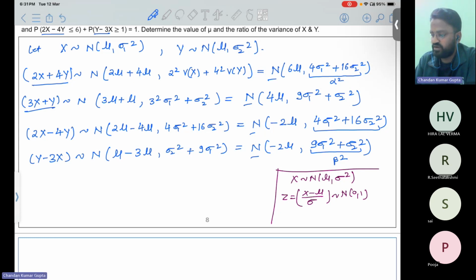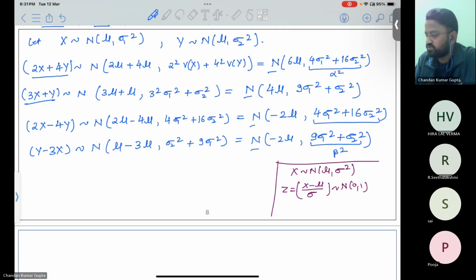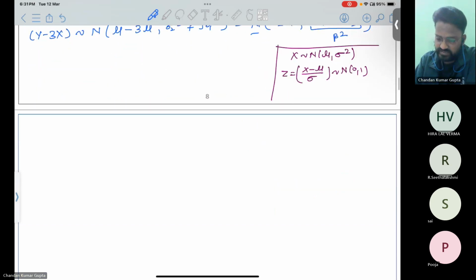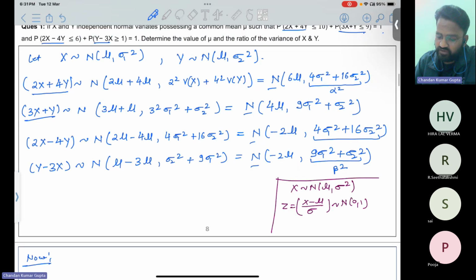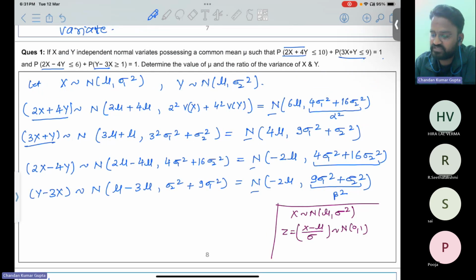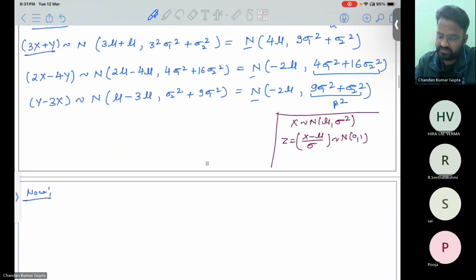Now our first condition is 2x plus 4y is less than, sorry, less than 10.